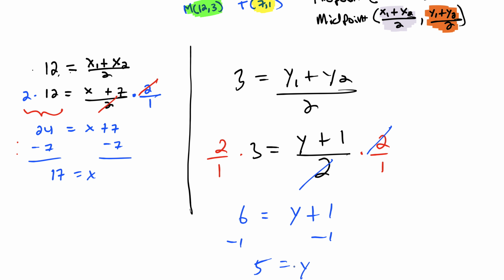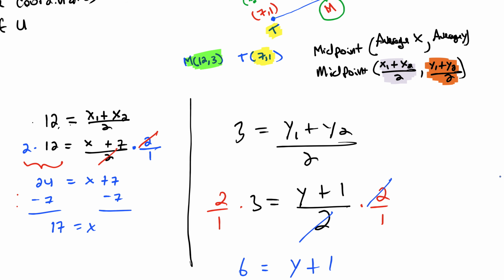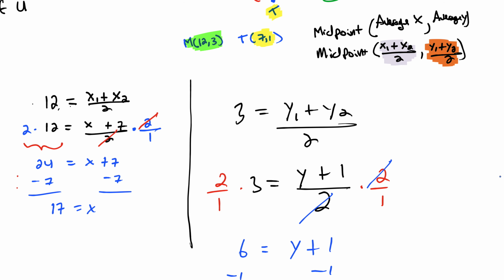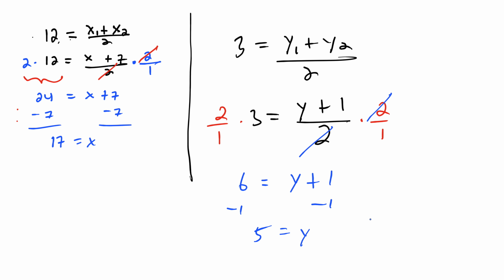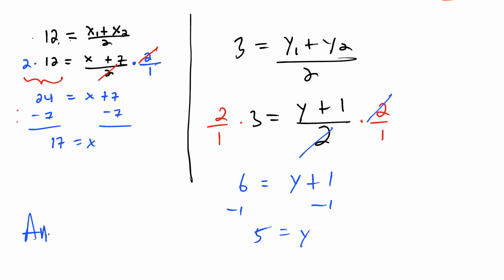Cool. So what is the coordinate of the endpoint? Yep, 17 comma 5. I'll write the coordinate of the endpoint over here too. 17 comma 5. All right, any questions on that?